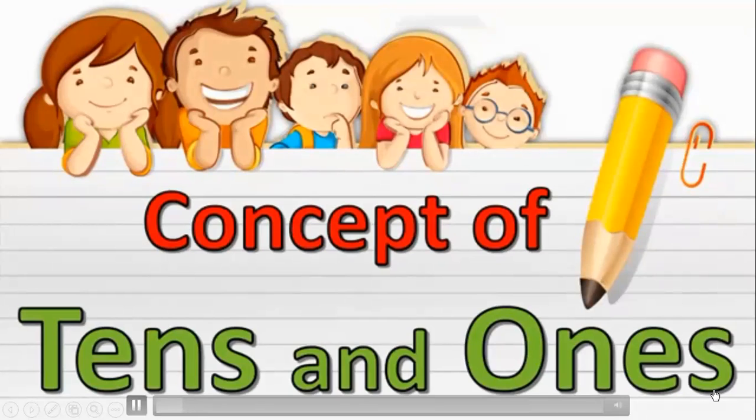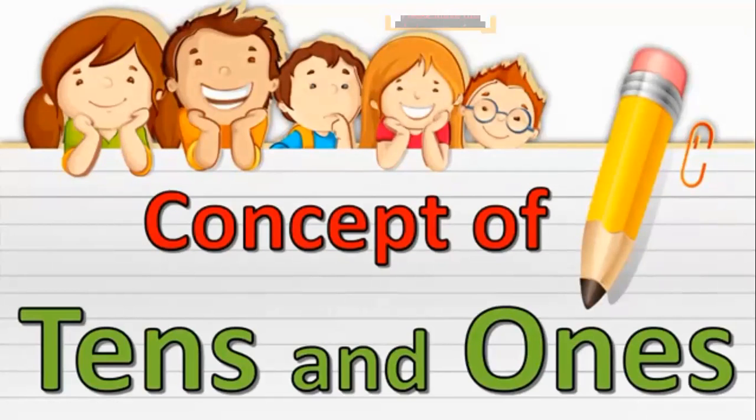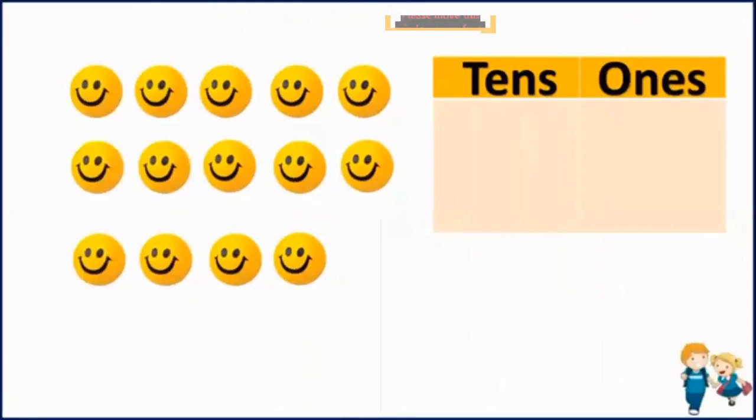Now let's get started. Now let's understand the concept of tens place and ones place of a number by a given set of objects. Here we have some smiley balls as objects. Now let's group them as 10.